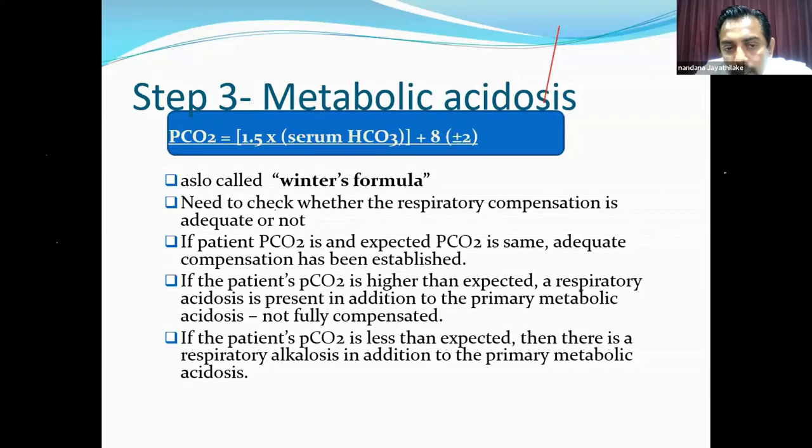We predict the patient's PCO2 by applying this equation. If the patient's carbon dioxide and the expected carbon dioxide are the same, we can say adequate compensation has been established by the body.